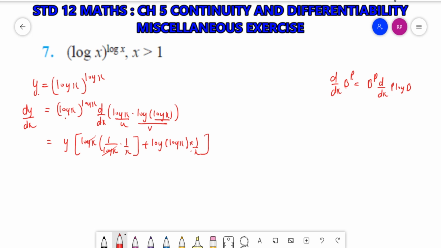Okay, so now let's put down again y as log of x whole raised to log of x. Okay, I can take 1 by x common from both, or else let it be like that. 1 by x plus log of log x upon x.